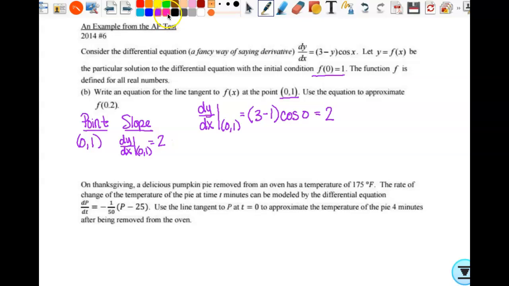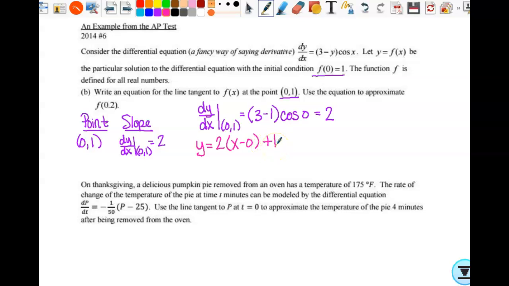Okay, so then I write the equation of my line. Y equals the slope, which is 2, times x minus 0. I'm going to just write x minus 0 because I already opened my parentheses. Could I have just put x? Yes, I could have. And then plus 1.